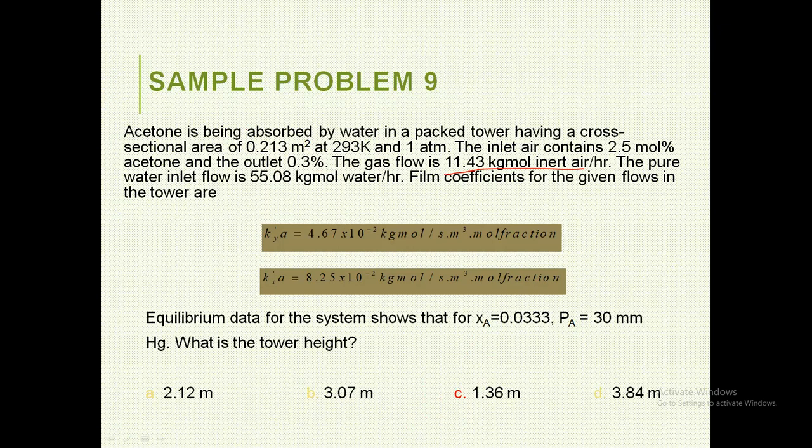So whether we use the number of transfer units procedure, or the film coefficient or the overall mass transfer coefficient procedure, or the HETP procedure, there will always be variation if we're not going to base our computation on the gas phase resistance. In this case, it has to be based on the gas phase resistance because this is a gas absorption problem.